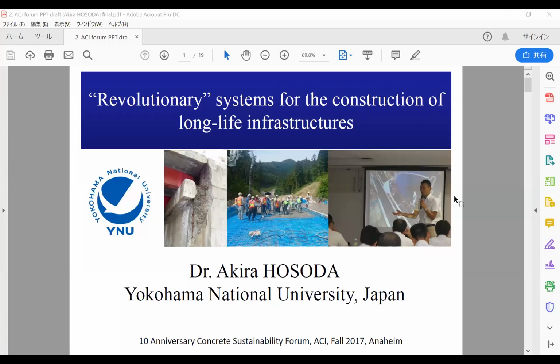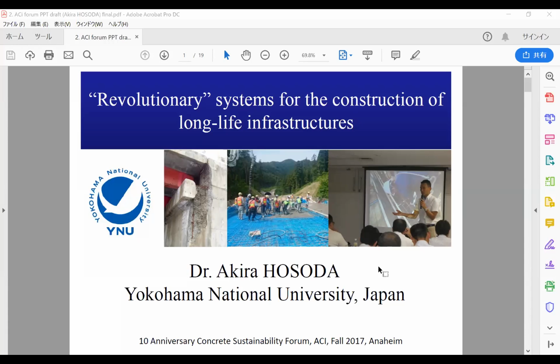This is the first one, the PowerPoint file which I used in the ACI forum. It's about concrete sustainability in USA. I selected this file because you can have a general idea about good construction and how we can achieve durable structures.